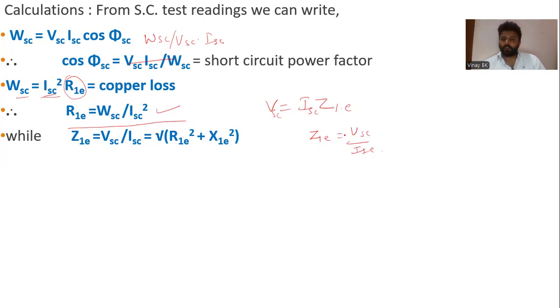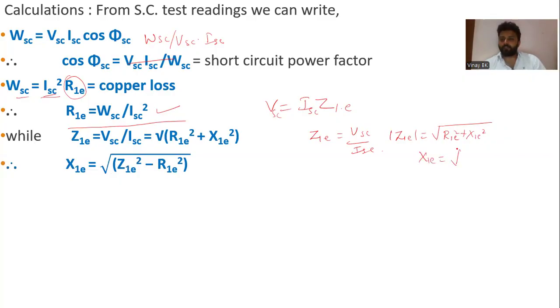You can also get the magnitude of Z1E, which is the square root of R1E square plus X1E square. So with the help of this, you can get the value of X1E. X1E is nothing but the square root of magnitude of Z1E square minus R1E square.